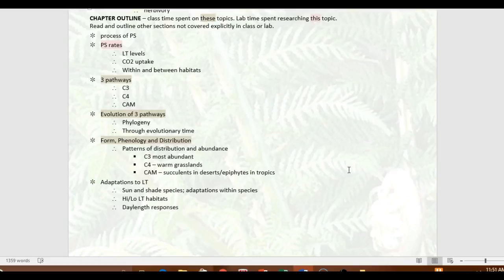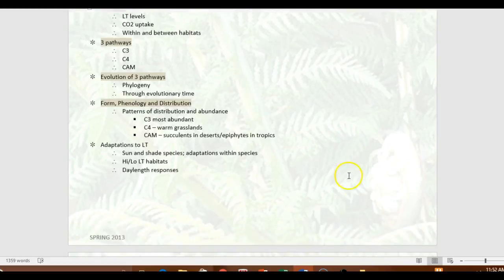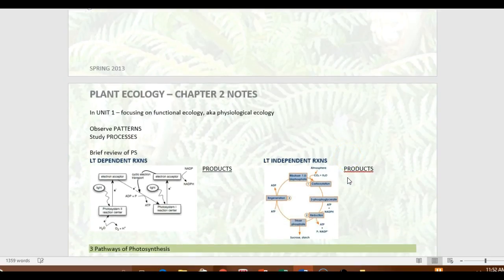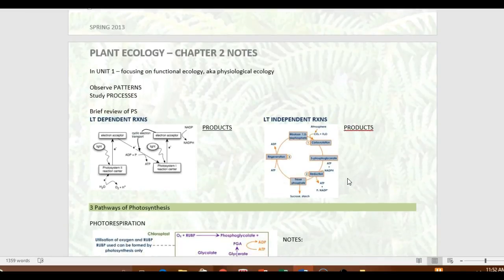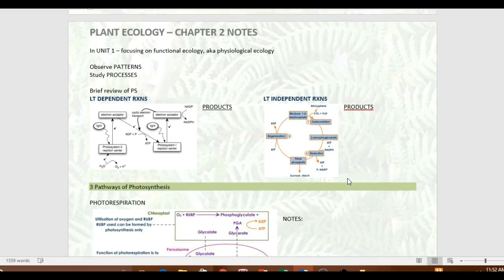Right. Let's see then. Good. Then what I want to do is get into our chapter. So generically, plant ecology is ecology applied to the study of plants.